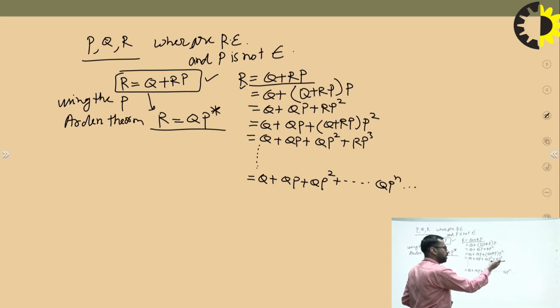When we extend this by replacing the value of R multiple times again and again, the resultant value also includes this.